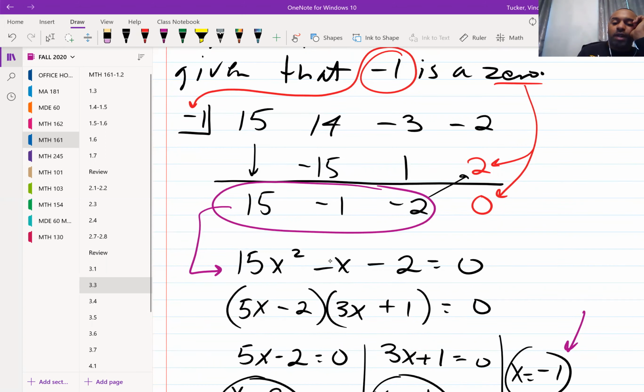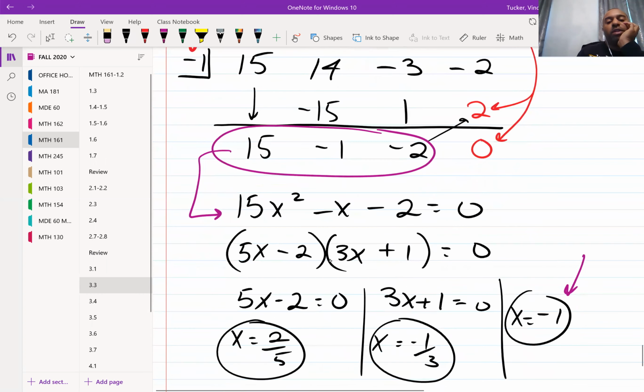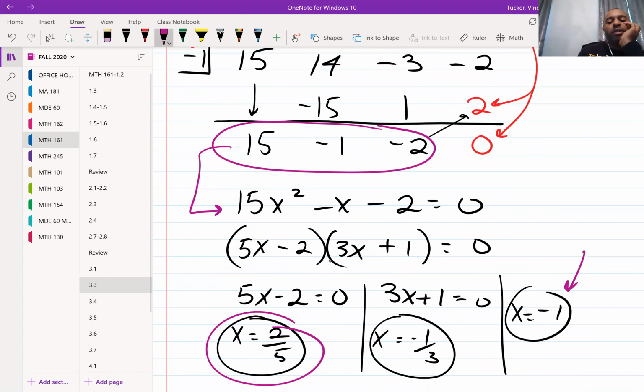And remember, if you're not good with factoring, you can always use the quadratic formula. It'll still give you these two solutions: 2 over 5 and negative 1 over 3. And once again, don't forget, the negative 1 they gave you is a solution as well.